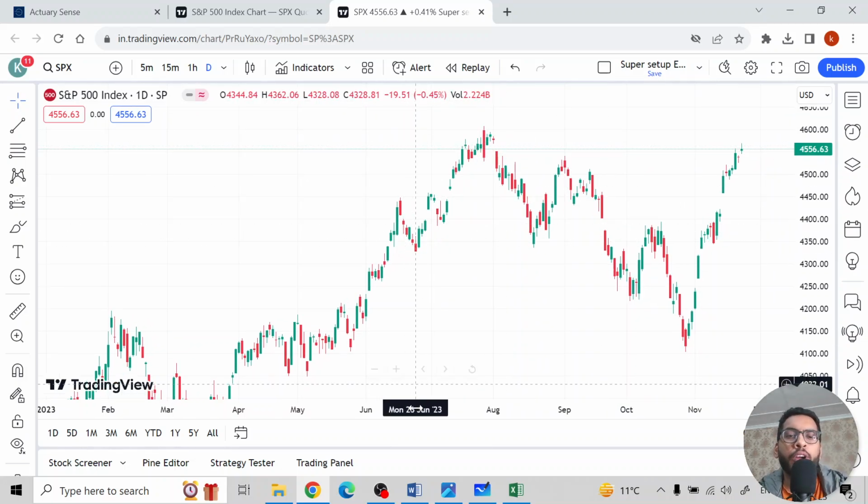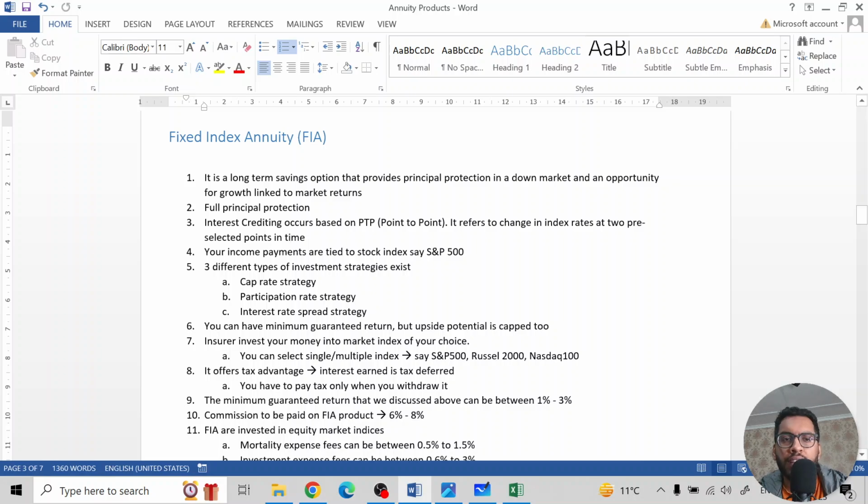I am saying that the interest crediting occurs on a point-to-point basis. It refers to change in index at two pre-selected points in time. We are saying that those pre-selected points in time are on a yearly basis: the return from 1st Jan to 31st of December, I am going to consider the difference between those two index values.